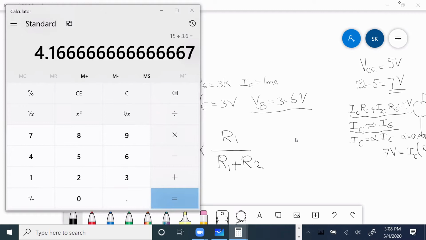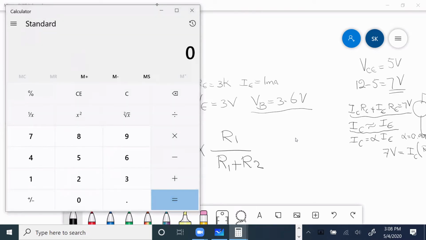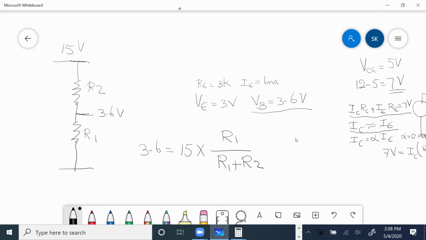So they call it VBE SAT, for when it's saturated, I suppose. I don't know that, I mean, there is no saturation. That's the voltage between. The 0.6 makes sense, but I don't know if I like the saturation. Yeah, they refer to it as base emitter saturation voltage.